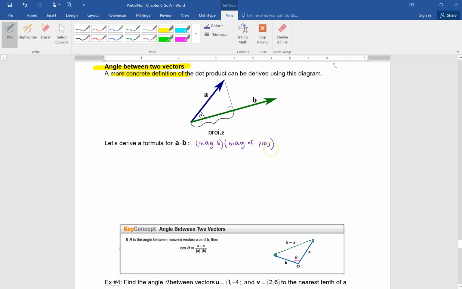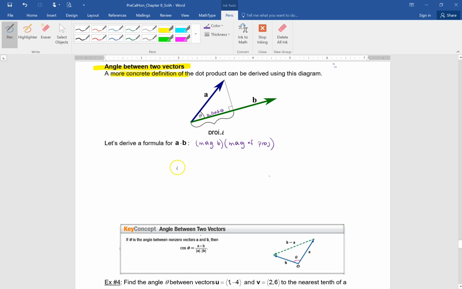All right. So what is the magnitude of the projection? So this is the projection, okay? It's a component of vector A, isn't it? In fact, this is the component that's adjacent to theta. So how big is this? It's the cosine. So this is just A cosine theta.